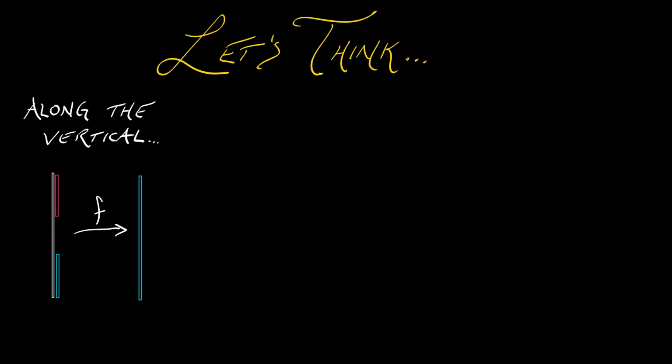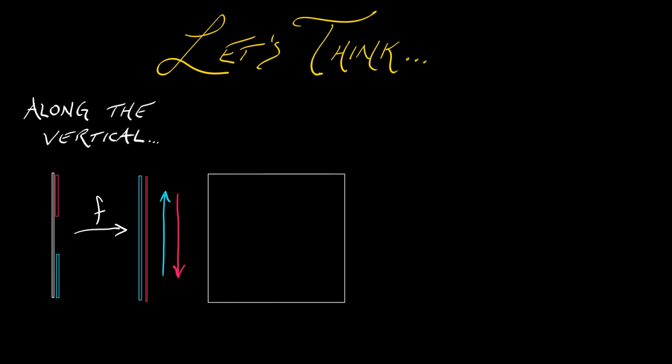But collapsing everything over to a vertical interval, what we find is that these two subintervals get stretched out over the entire interval. And if we were to map out what was happening, just like it was a one-dimensional map of the interval, then what we would find is something that is very similar to a tent map.